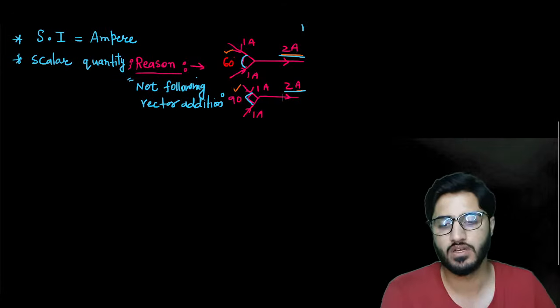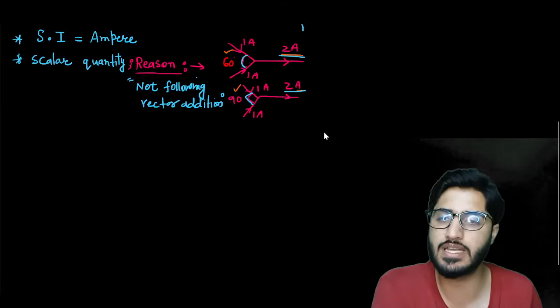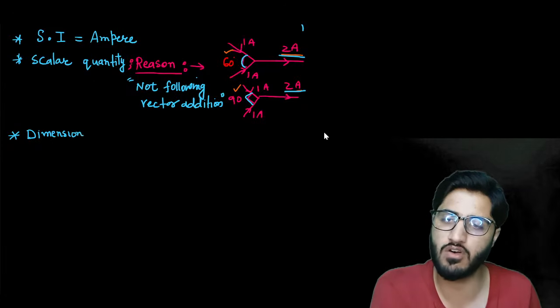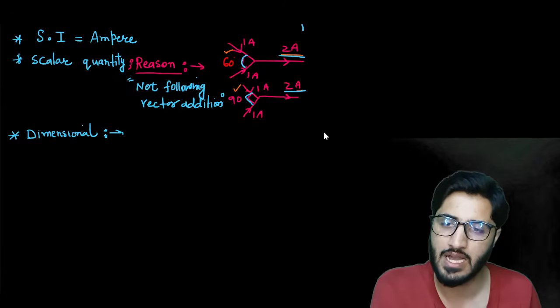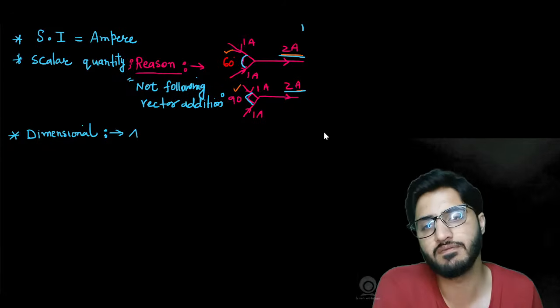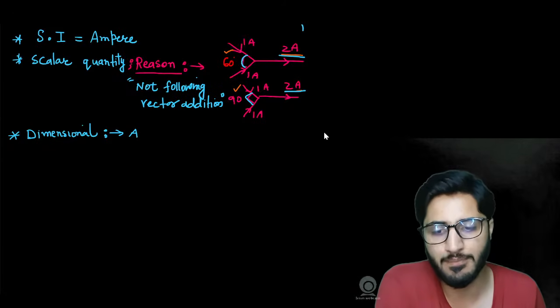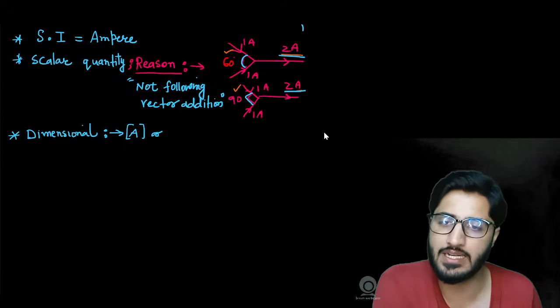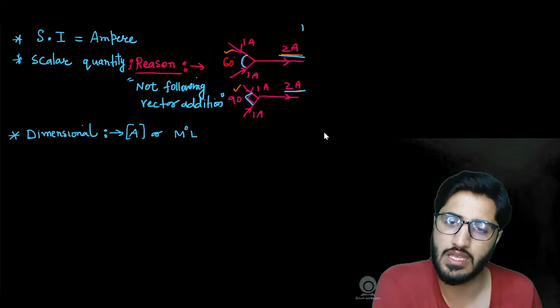Okay, now if we need to get the dimensional formula of current, I guess current is ampere, right? A. So the dimensional formula is A only. Or I can write, sir, M0 L0 T0 A1.